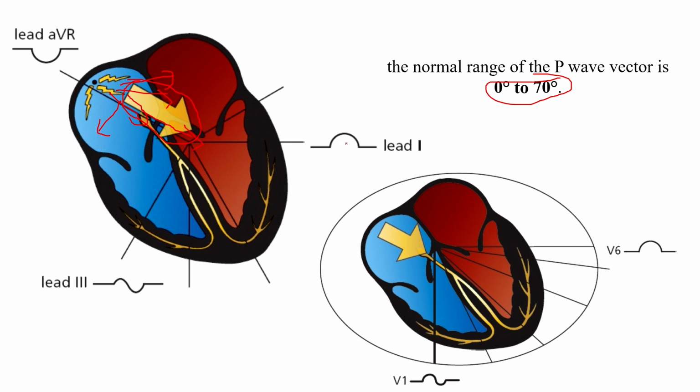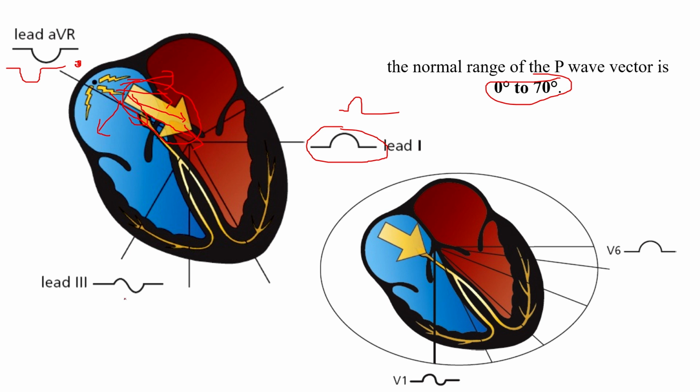And we talked about, in case of depolarization, if the depolarization is going in the same direction as the lead, it shows as a positive deflection. That's why you see a positive P wave. But AVR is behind, and this one is going away from it. That's why in AVR you always see a negative P, negative QRS, negative T as well. So that's the main idea behind it.